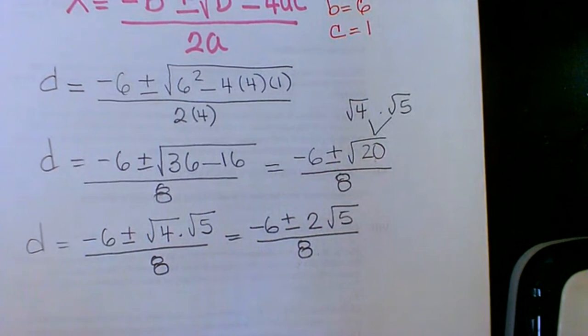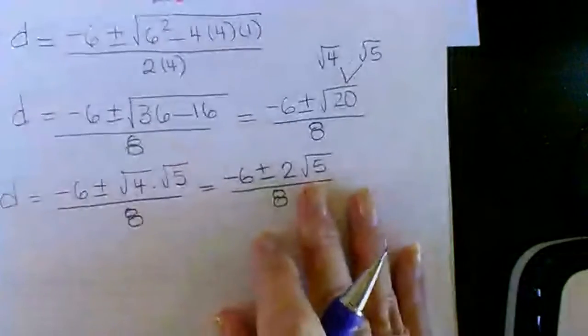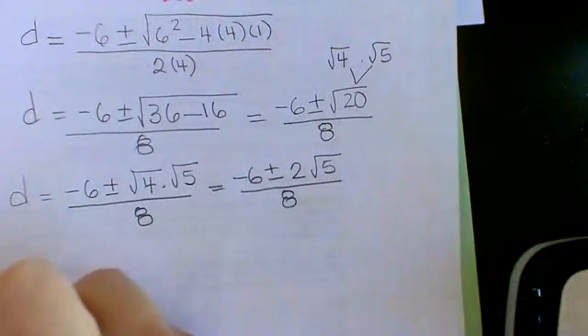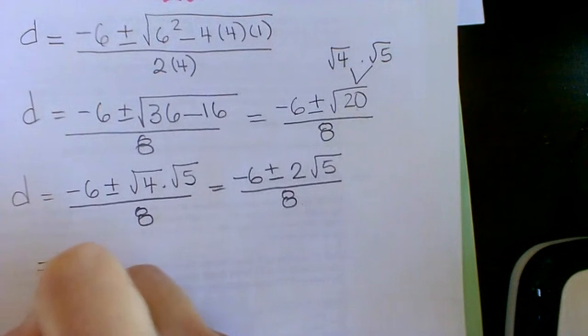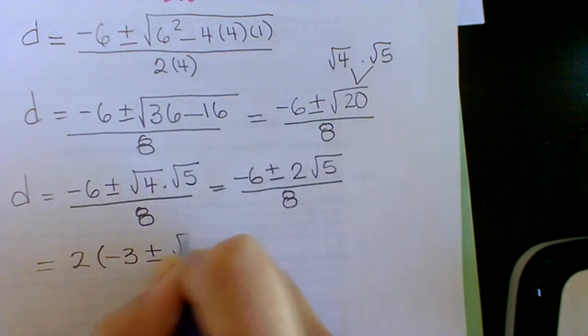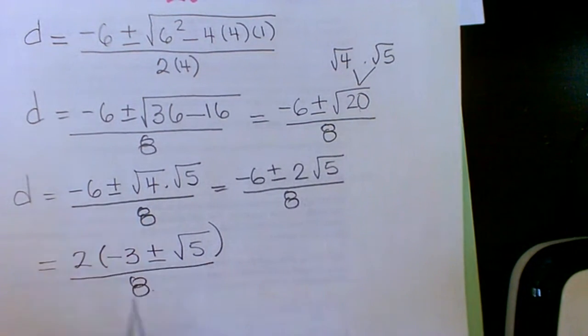Can we factor? Yes, let's do it. Let's factor out the 2. So if we do that, let's do it on this side. So we could say 2. So we're going to have a 3 and an 8.